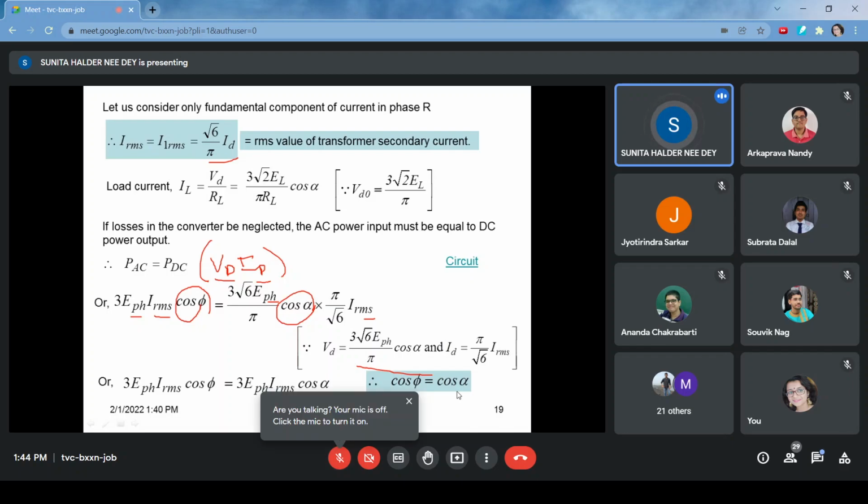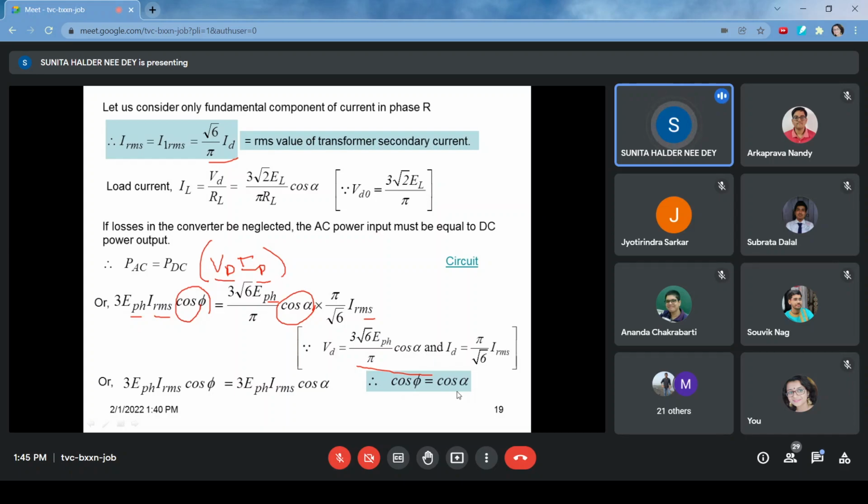Now if you make alpha equal to 0 degree, that means the power factor on the AC side is 1. If you make alpha equal to 10 degree, then there is a power factor angle on the AC side. So it is developed due to the converter operation. It was not there initially, but since you have used a firing angle alpha, a cos 10 will be developed there.